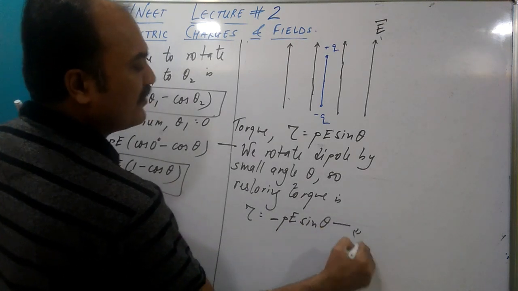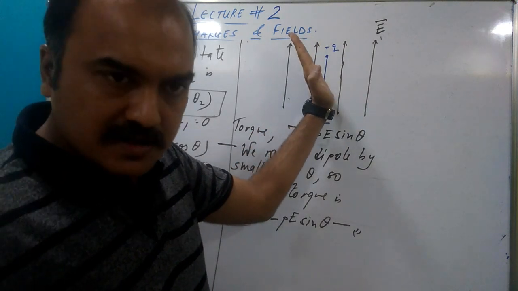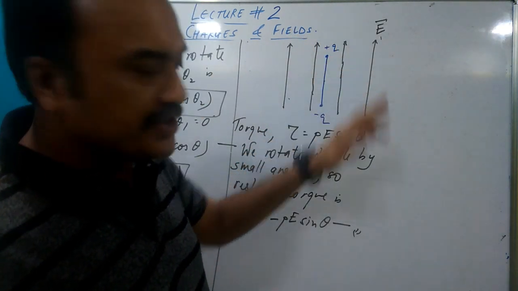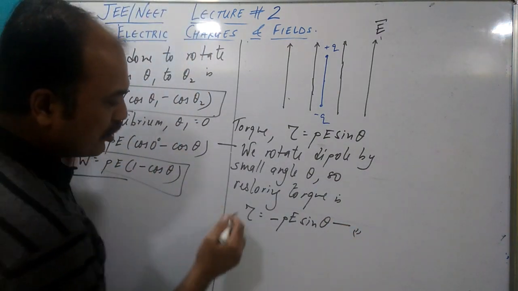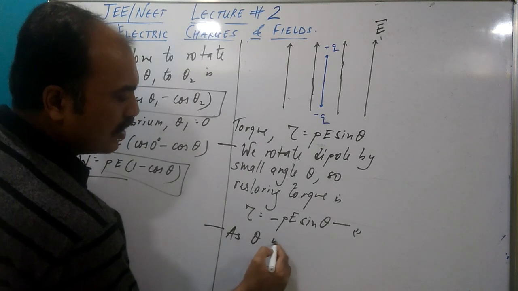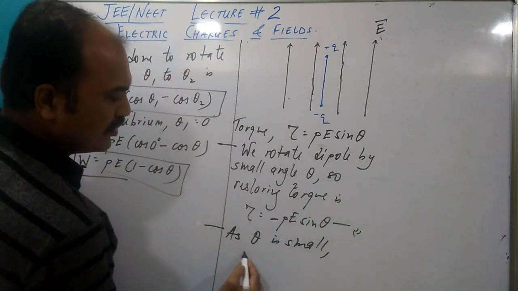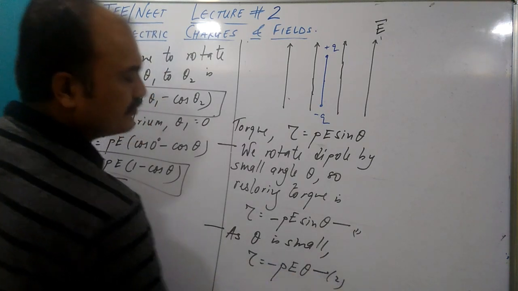Now you would ask me, sir, why do we use minus? Because when I take theta like this, the torque tries to bring it back to the original position. As a result, I have used this minus sign. Also, as theta is small, I'm going to let sin theta be nearly equal to theta. So tau is minus PE theta.